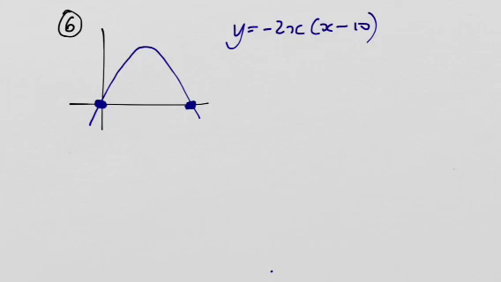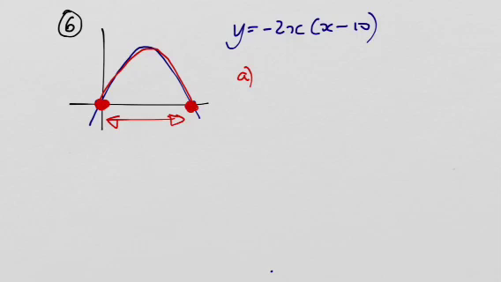Question 6. Here we have a diagram of a projectile. First part of the question says, how long is the projectile in flight? So it takes off here at the origin, it then flies through the air and then lands down here. So how long is it in the air? That distance there. What's that distance?